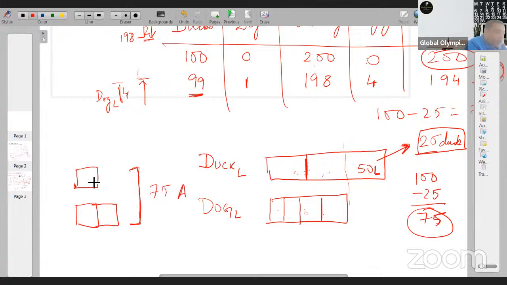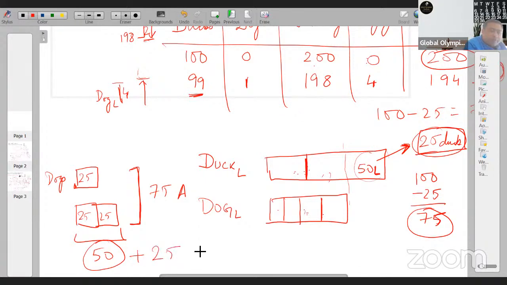Therefore, the dogs are 25 and the ducks are 25 plus 25, 50 for the equal legs. But we had 25 ducks aside, which we had kept aside for the extra 50 legs. So we bring that back in and add it to 50, plus 25, we get 75. Did you understand? Did you all understand this?